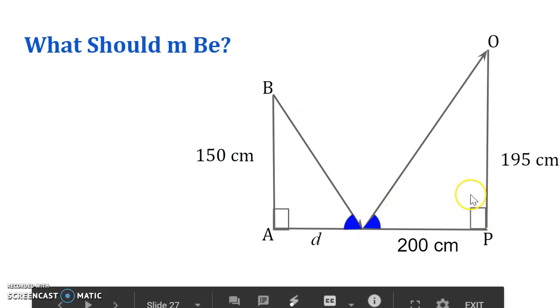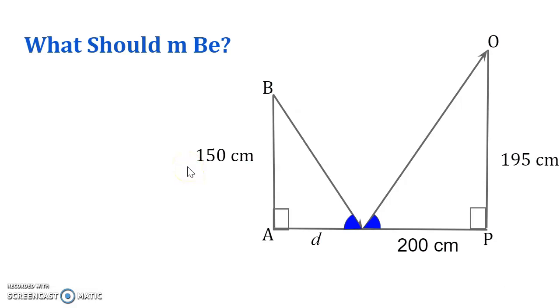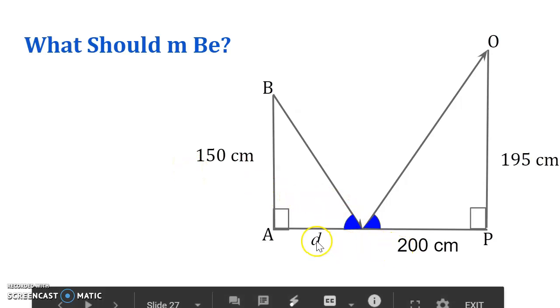Since we know the two triangles are similar, we can set up the ratios. I know that 195 and 150 would match up, and 200 and D would match up. Another way of looking at it is that the ratio between 195 and 200 is also the same as 150 to D. So I can say D over 150 is the same as 200 over 195.